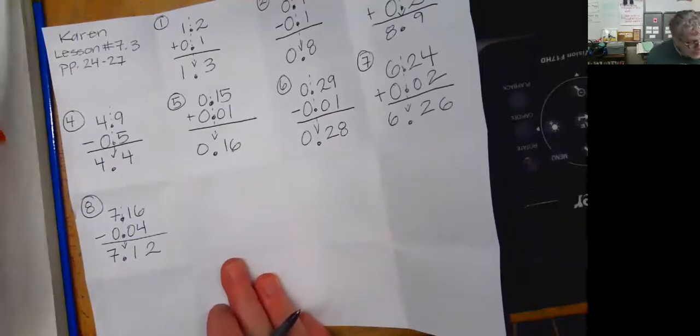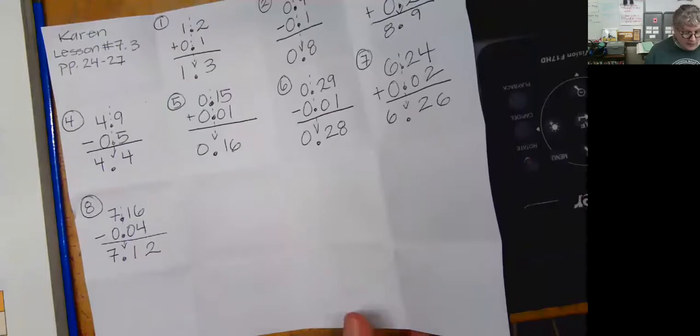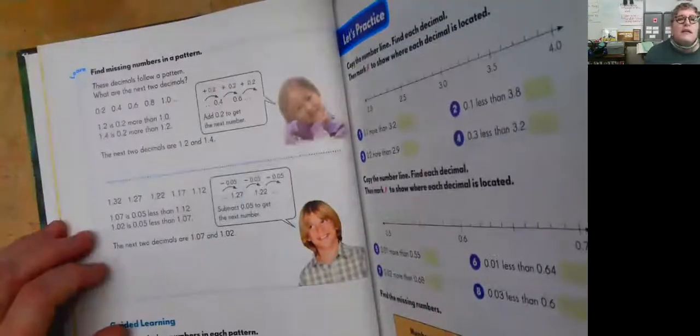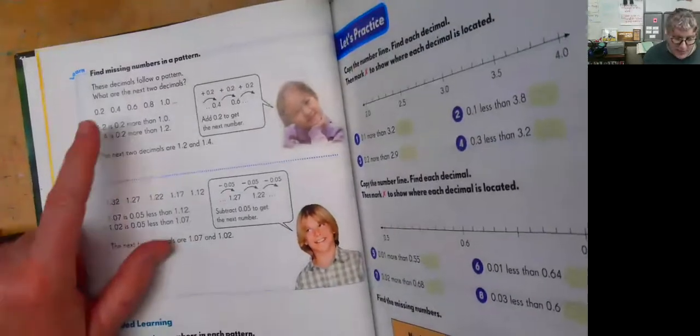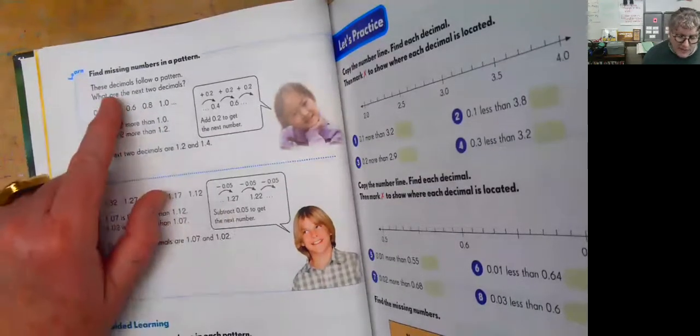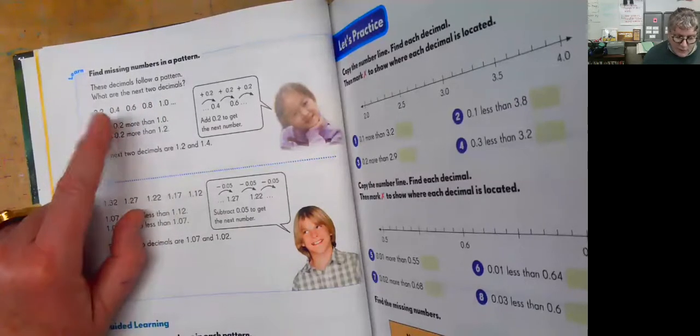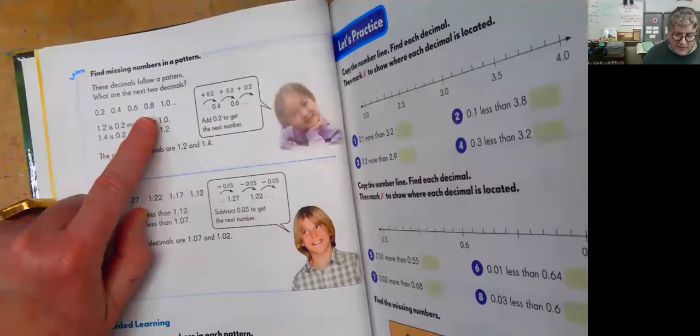And we have the number patterns. Okay, so we're going to look in the book. It's going to talk about number patterns. So you can find missing numbers in a pattern by looking at the relationship between the numbers. These decimals follow a pattern. What are the next two decimals? 2 tenths, 4 tenths, 6 tenths, 8 tenths.